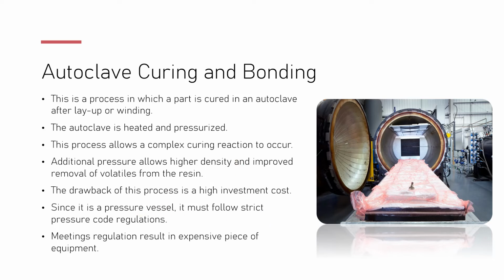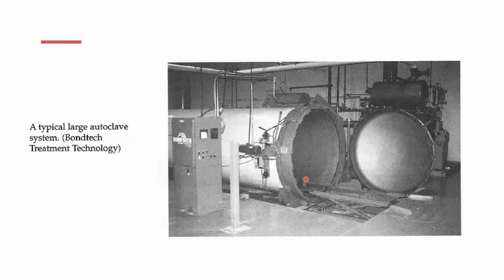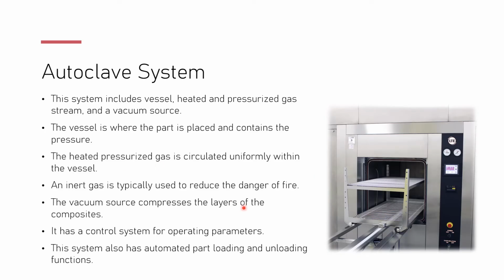So anyway, here is a textbook picture. It's the same thing. You can see your large autoclave system right there. We have the vessel, and then we have a heated pressurized gas stream, and a vacuum source inside of that machine. The vessel is where the part is placed and which contains the pressure. The heated pressurized gas is circulated uniformly within the vessel. An inert gas is typically used to reduce the danger of fire.